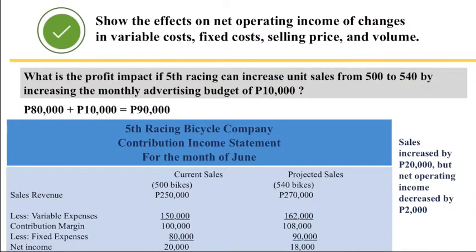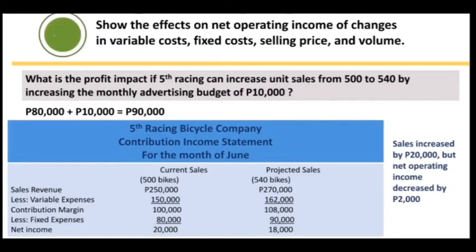The next topic is to show the effects on net operating income of changes in variable costs, fixed costs, selling price, and volume. We have here a given problem. What is the profit impact if Fifth Racing can increase unit sales from 500 to 540 by increasing the monthly advertising budget by 10,000?